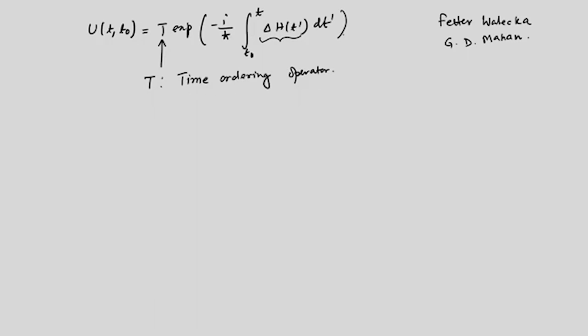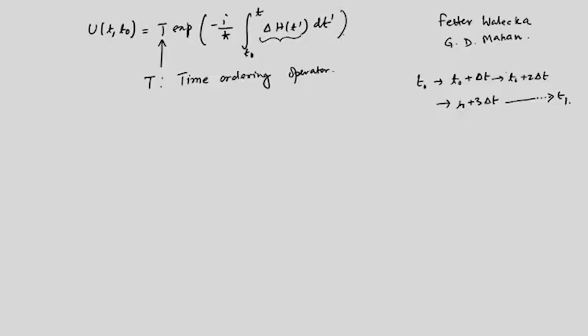So what it does is the following: it orders the times. You see that there is a t0 to t, and we are writing it as an integral, which means that it goes from t0 to t0 plus delta t, then to t0 plus 2 delta t, and then to t0 plus 3 delta t, and so on till it reaches t1. So you need a mechanism which orders these from the earliest time to the right or left, whichever.